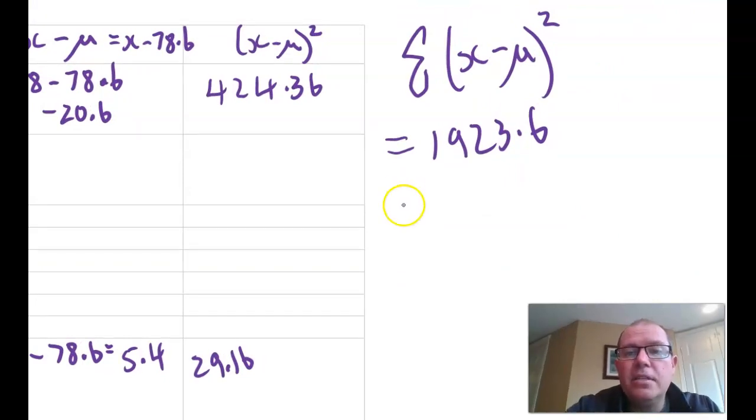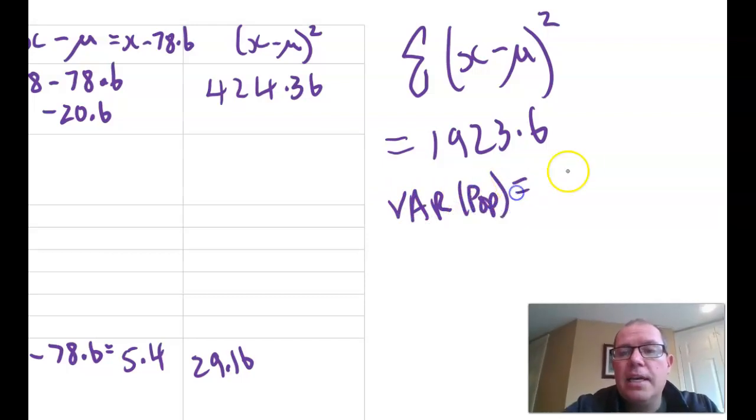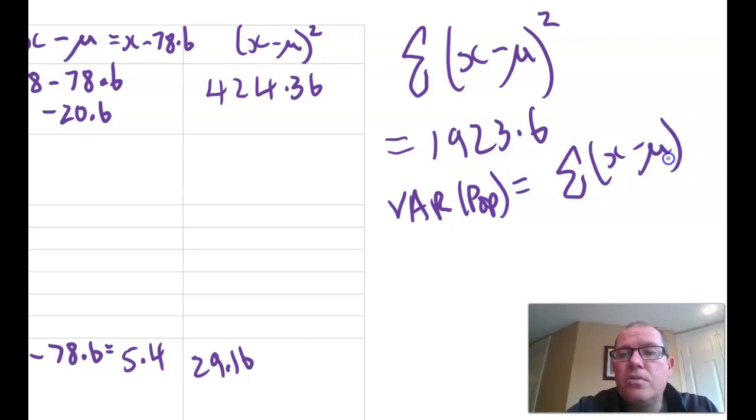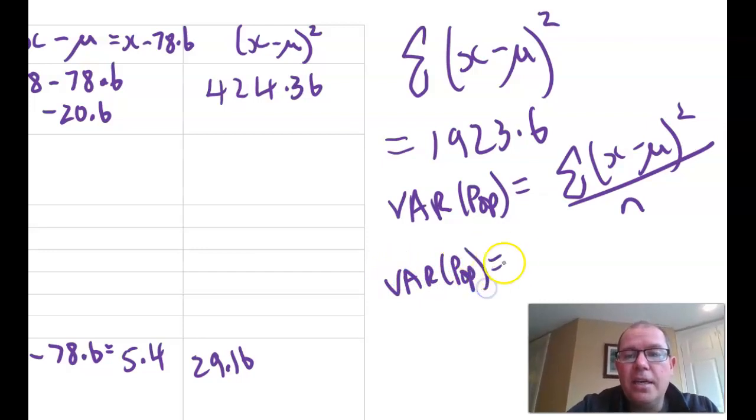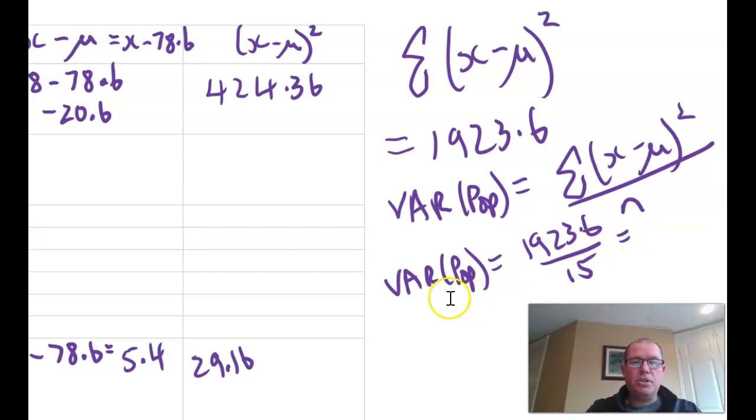The variance of a population is the sum of all of the distances from the mean squared divided by the number you've got. So in this case we have 15, so all we have to do to find the variance of the population, which is a measure of spread, is do the 1923.6 divided by 15, and we'll just work that out. And I get a variance of 128.24.